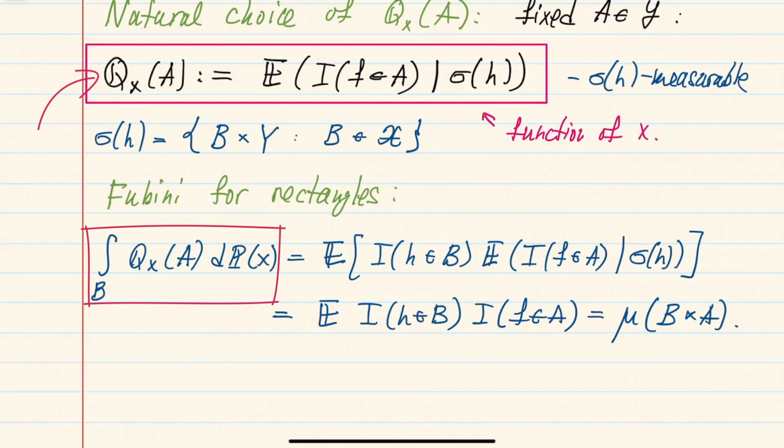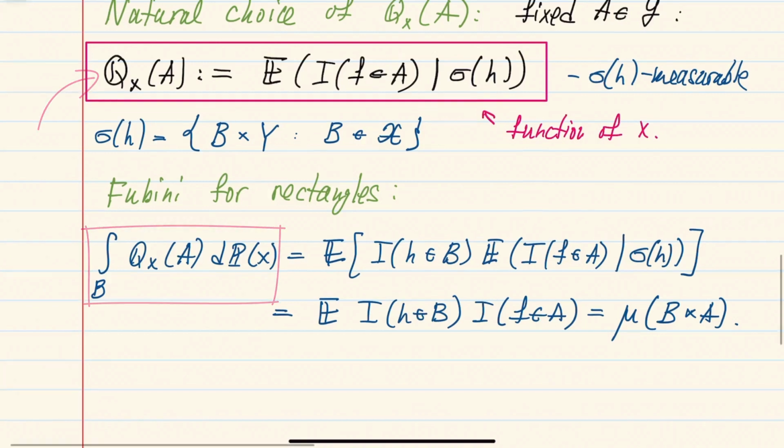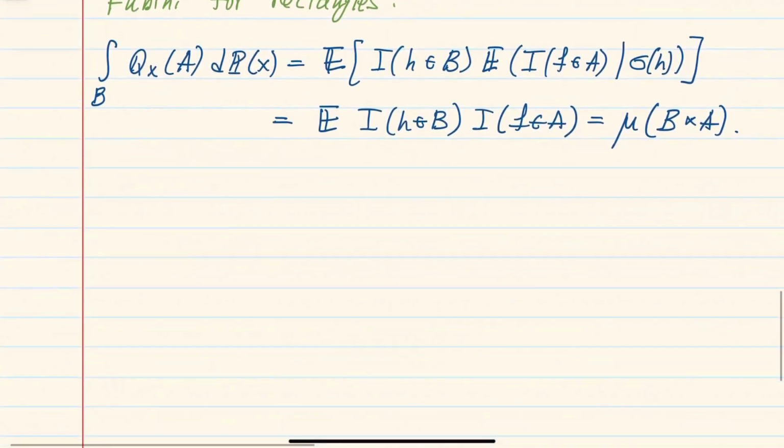Okay, but then of course, what is the difficulty in this case? Why we cannot just define the transition kernel the way we did here for all sets A and automatically claim that this gives us the transition kernel that we are looking for? Okay, well, the difficulty here is as follows.